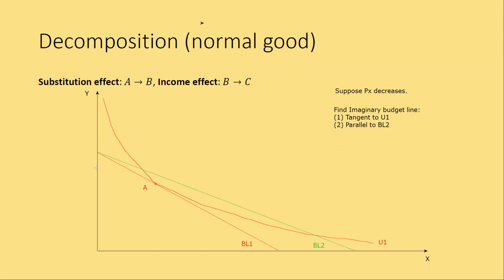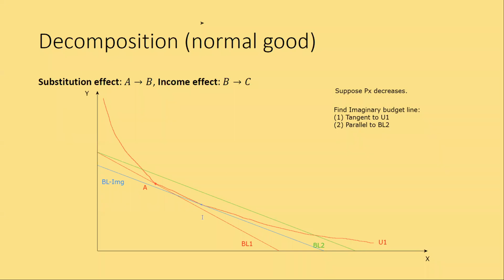The budget line would be something like this. This blue line is our imaginary budget line. So this blue line is tangent to U1 at the point here.